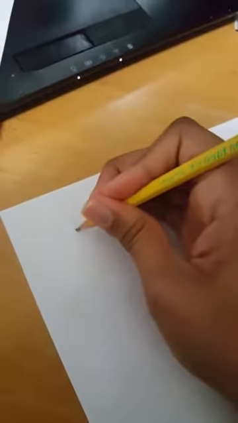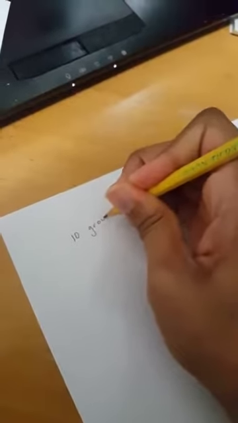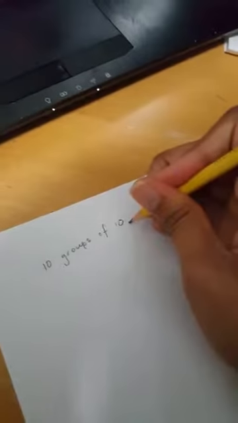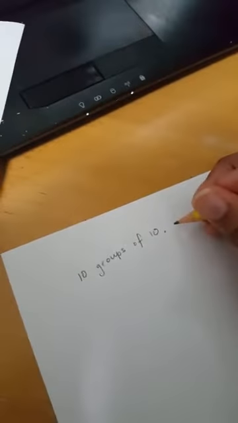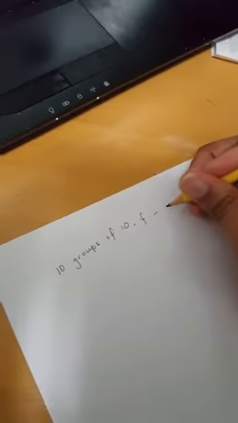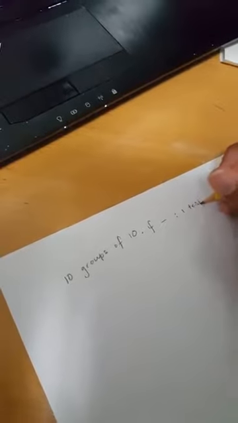Again, we said we're only considering method 2, so we have 10 groups of 10. If negative, then we have 1 test.